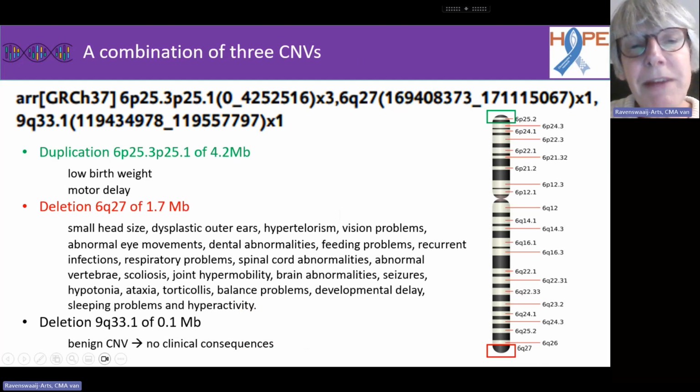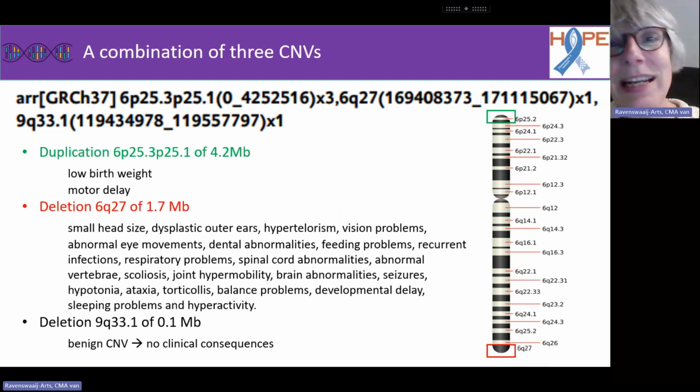Sometimes a result can be very complicated, as shown on this slide. You see in a text string that an array was performed. You see R. You see also in between the square brackets which reference DNA was used, and that there are 3 CNVs. The first one on the short arm of chromosome 6, 6p25.3 to p25.1.